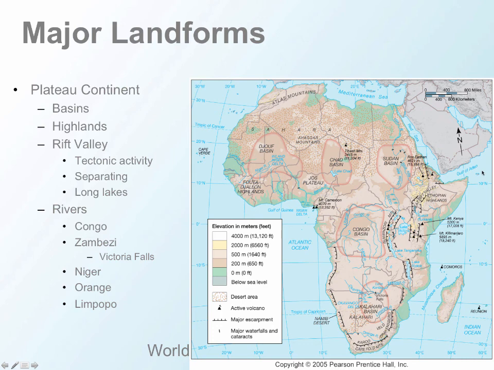Here are some of the major landforms in Sub-Saharan Africa. So we've got these basins, including some areas, you can look for this color, below sea level, but these basins are very, very low. And then coastal highlands. And of course the Sahara.